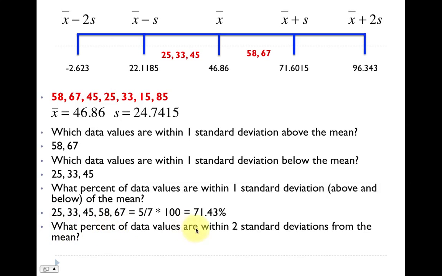What percent of data values are within two standard deviations from the mean means what percent of data values fall from -2.623 all the way up to 96.343. So you look at your data values and you decide where they all fall. You have a 15. Your 15 will fall between -2.623 and 22.1185.